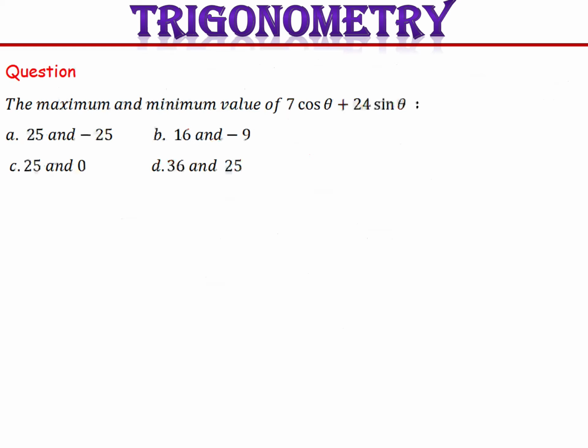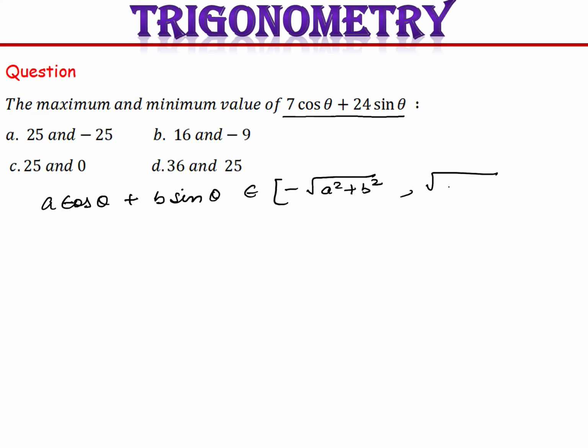We have to find the maximum and the minimum value of 7 cos theta plus 24 sin theta. Always remember this formula, A cos theta plus B sin theta lies in the interval minus under root of A square plus B square and then under root of A square plus B square.